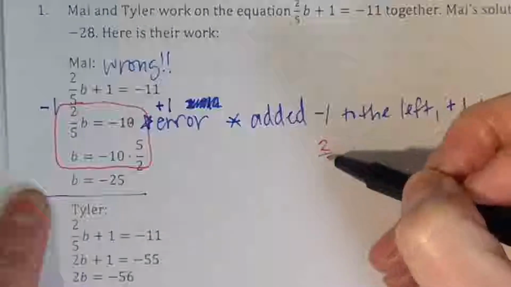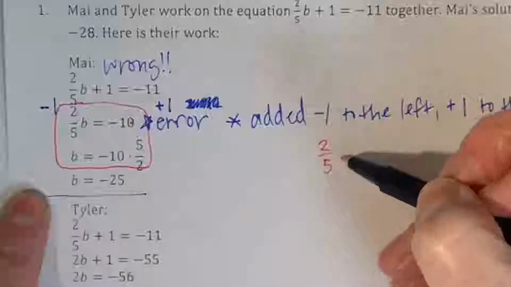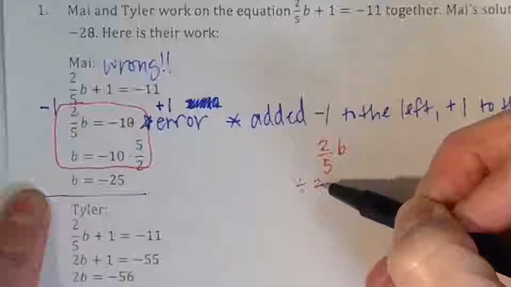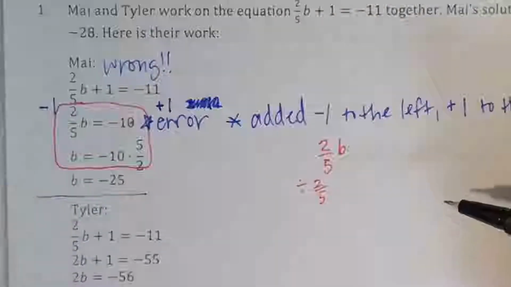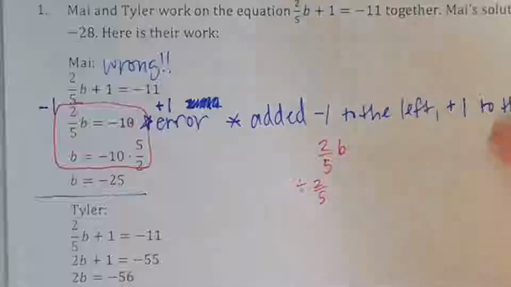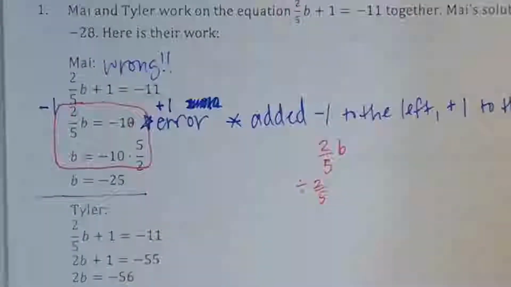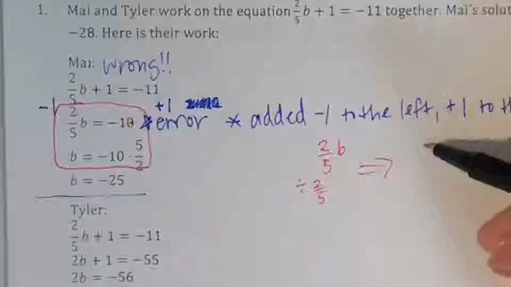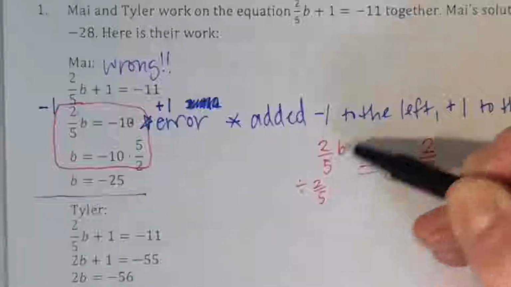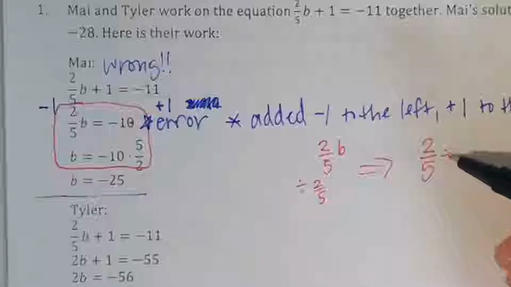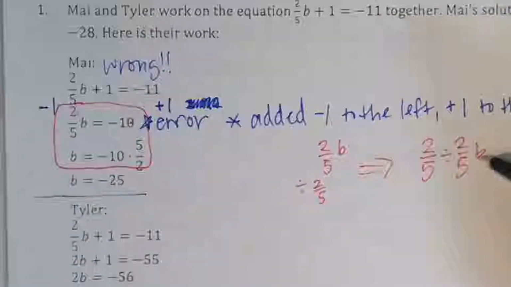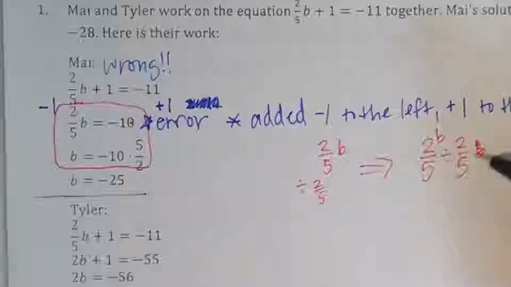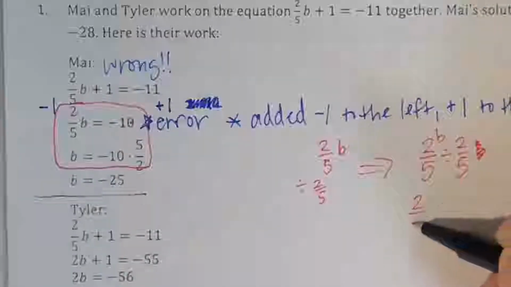So if I wanted to take 2/5 b and divide by 2/5, let's think about that for a second, because dividing fractions, if you remember correctly, you never really divide the fractions. If I rewrite this, imagine the b is still going to be there, but if I were to do this division, you leave the first fraction the same.